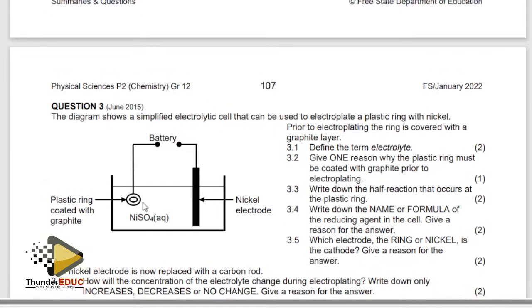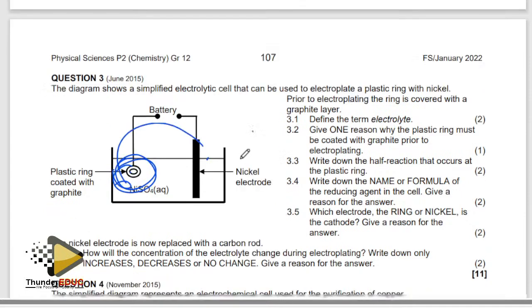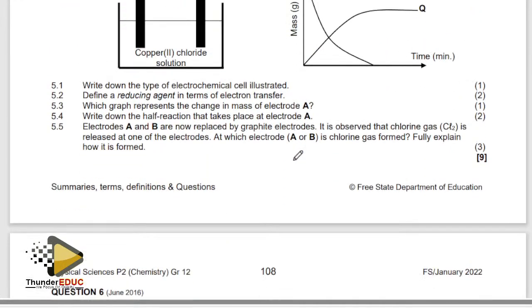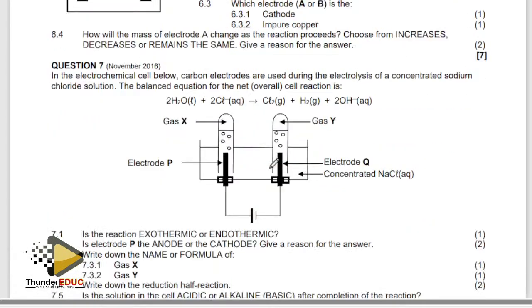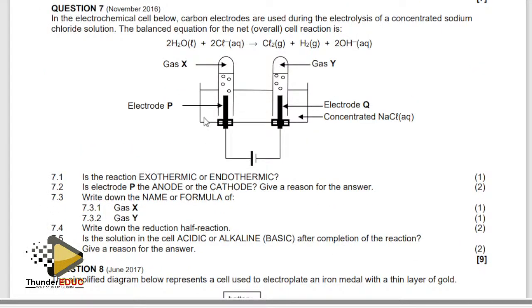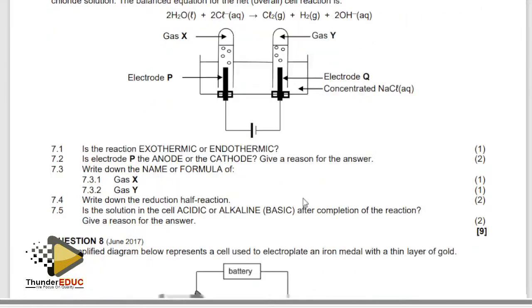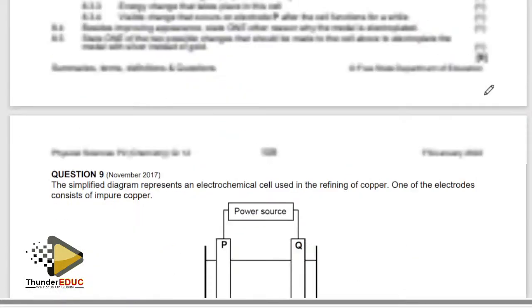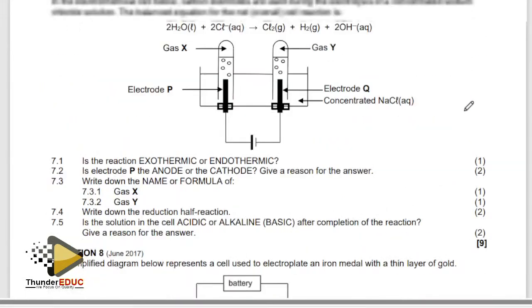So automatically this one becomes the cathode, and this one becomes the anode, because I'm coating this. If you read all these questions I've tried to answer, you will be able to answer those questions when it comes to the paper. This is the one I was talking about: what if it is a gas? If it is oxygen, how will I know that this is oxygen and this is another gas? The way you can identify that is you look at the mole ratio.